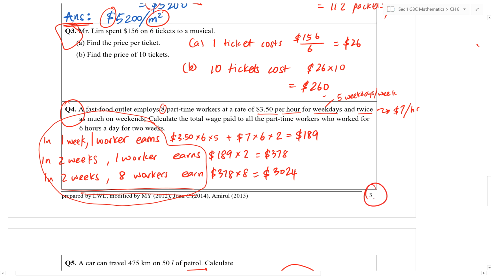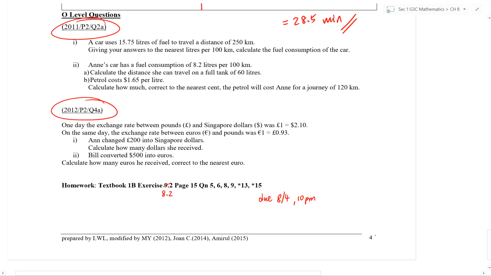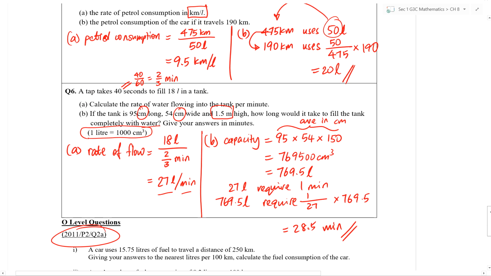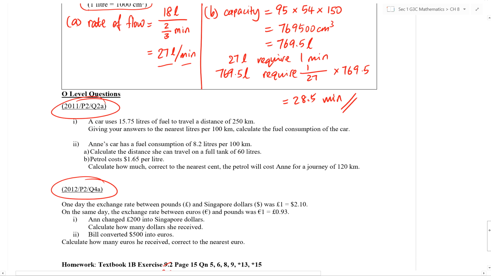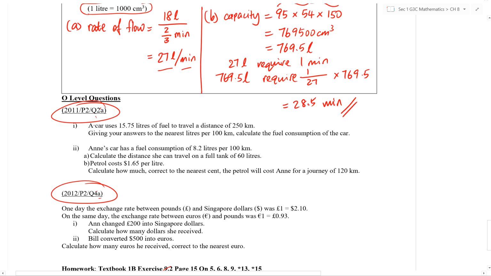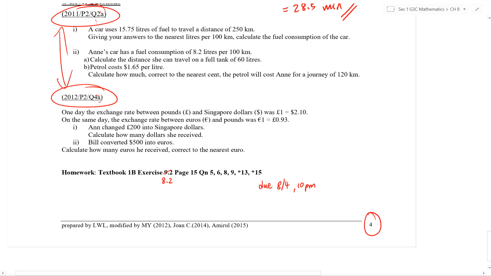So take a picture of page 3 and page 4. I want to see that you have all the notes completed, as well as these two O-level questions done. Again, these two O-level questions can be on a separate piece of foolscap paper. So this is all to be completed within today's lesson.